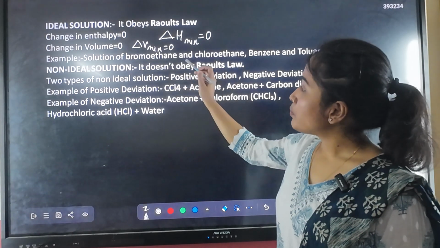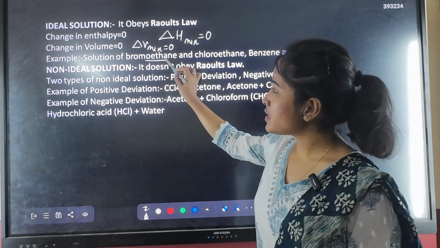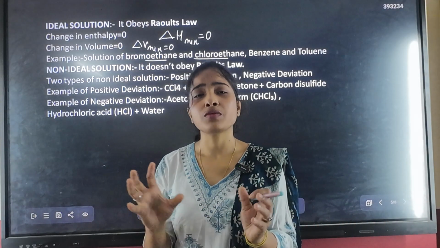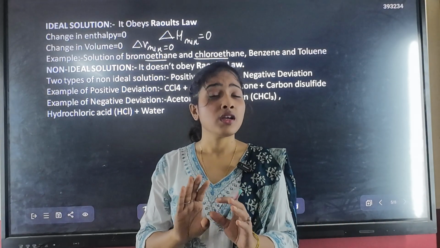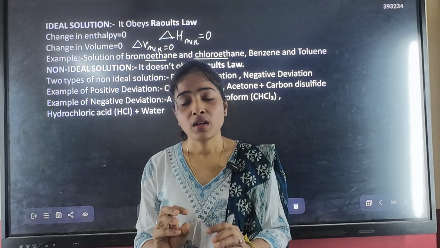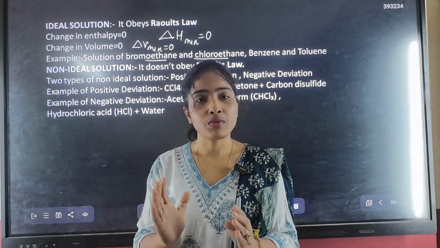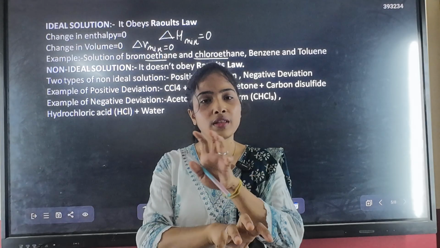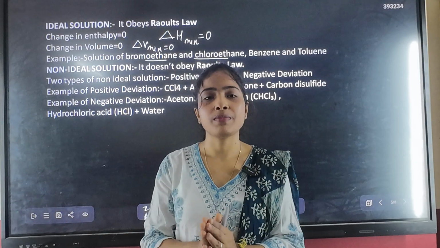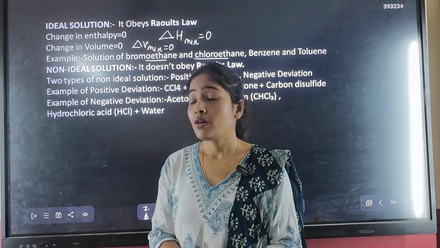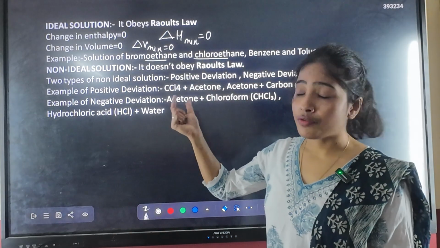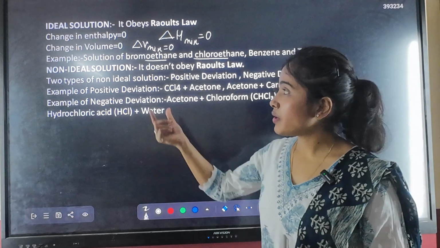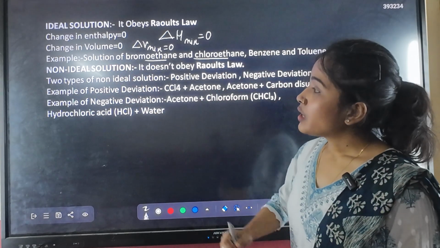Both components are of similar structure, और अगर similar structure है तो उनके बीच में जो attraction है वो बस space ही occupy करता है, कोई वहाँ पे कुछ अलग टाइप का रिएक्शन नहीं होता, ठीक है. It will just occupy the space, like bromoethane is sitting and chloroethane sits between, then bromoethane, like this. They will just occupy the space and it will be uniformly distributed, okay. And the amount of heat absorbed to break the bond and released will be the same. So that is why it will behave like an ideal solution.